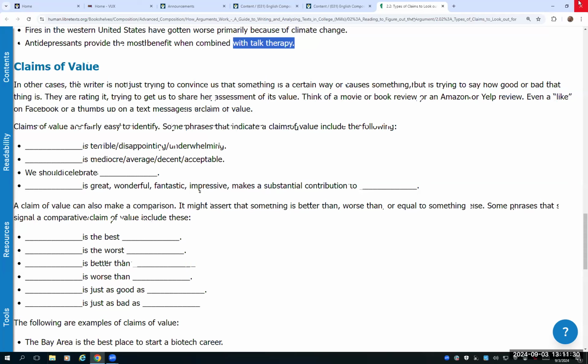Is it giving a rating of something? And maybe another word we want to mark here: are they sharing their assessment of something's value?